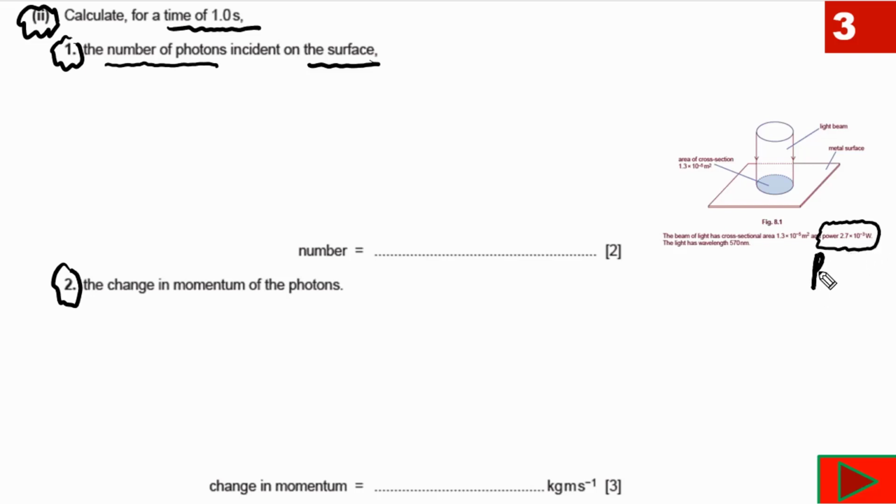Another way of writing this is 2.7 times 10 to the minus 3 joules per second, meaning the amount of energy incident on the surface in 1 second, which is the total energy of the beam arriving at this surface in 1 second. And in part B1 we have already calculated the energy of a single photon. So now we need to use these two pieces of information to calculate the number of photons. Let's try to answer this now.